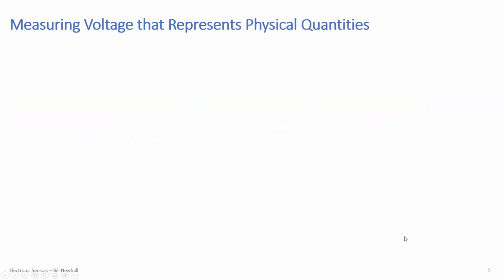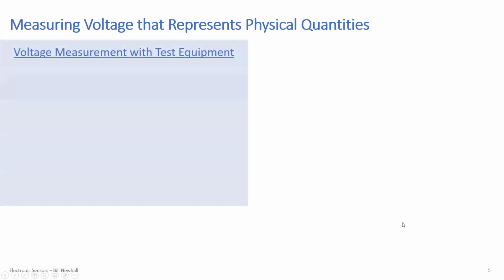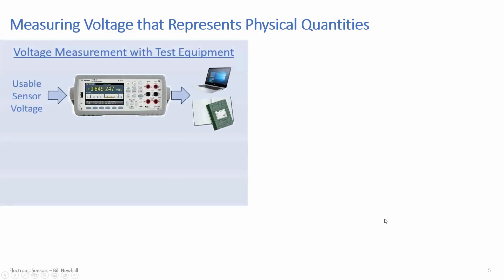Okay, so let's talk about measuring that voltage. So now you have a sensor, you have signal conditioning, and you have some kind of reasonable voltage that you can measure. Sometimes you can just use test equipment, right?